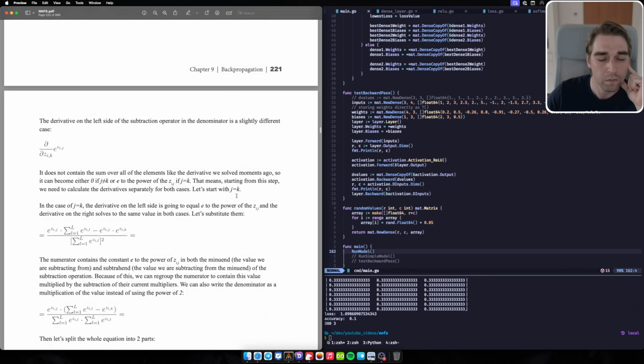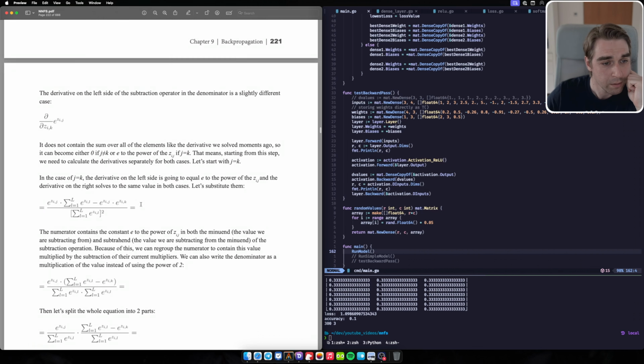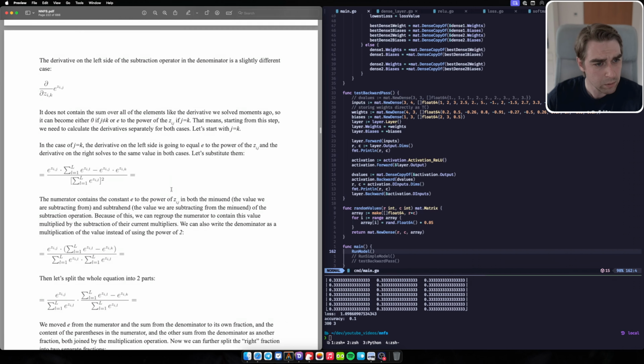Let's start with j equal k. In the case of j equal k, the derivative on the left side is going to equal e to the power of the z from indexes i and j, and the derivative on the right side solves to the same value in both cases. Let's substitute them.